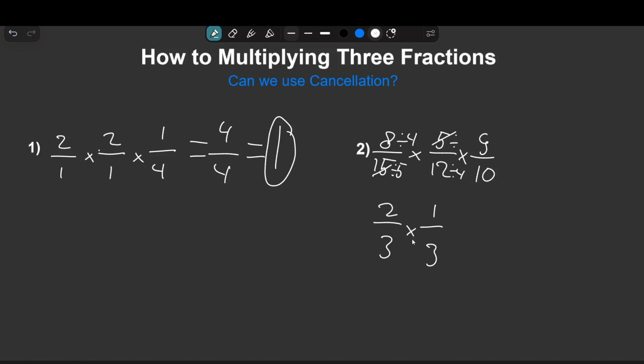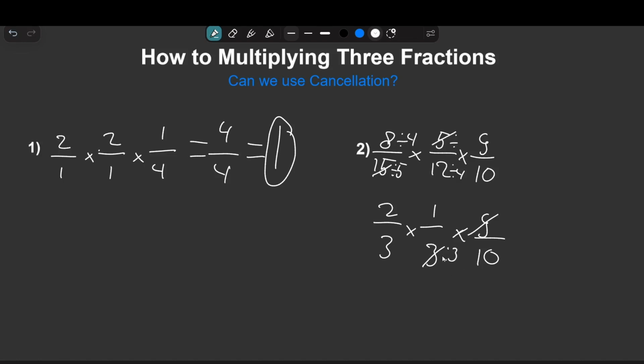So now we're going to go over to the 9 and the 10. So we're going to write this next to our fractions we have made here, and we can continue with using cancellation. But with the new fractions we have made, we can cancel these two, 3 and 9, for example. So 3 and 9 both have a common factor of 3.